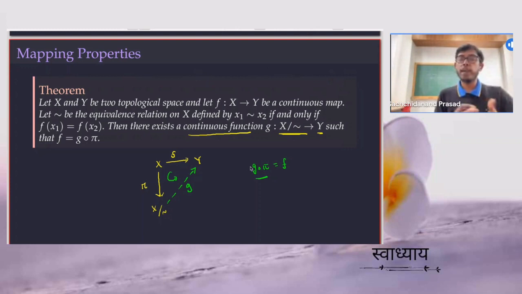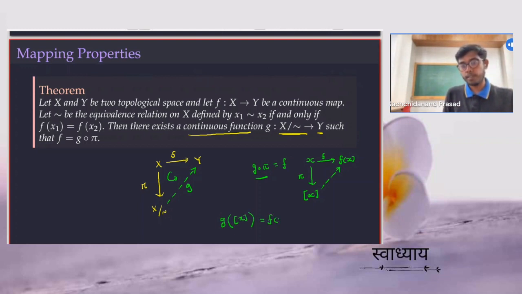If I go from the backward direction, if I have x here, it will go to f of x, and this is going to the class of x by pi. So a natural choice of the map should be that the class of x goes to f of x. So we should define g of the class of x equal to f of x. Okay, so this is my definition.